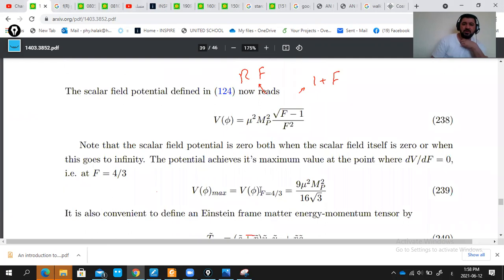So if we use this assumption, this notation here, let's see what this means. It means that this will be 1 minus mu to the power 4 over r squared, and here you have minus. So if they say okay, this is mu squared over r, and here is squared.